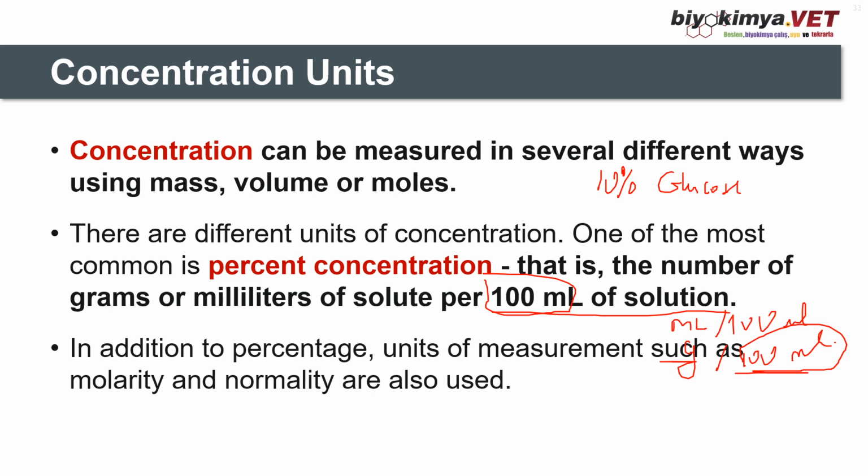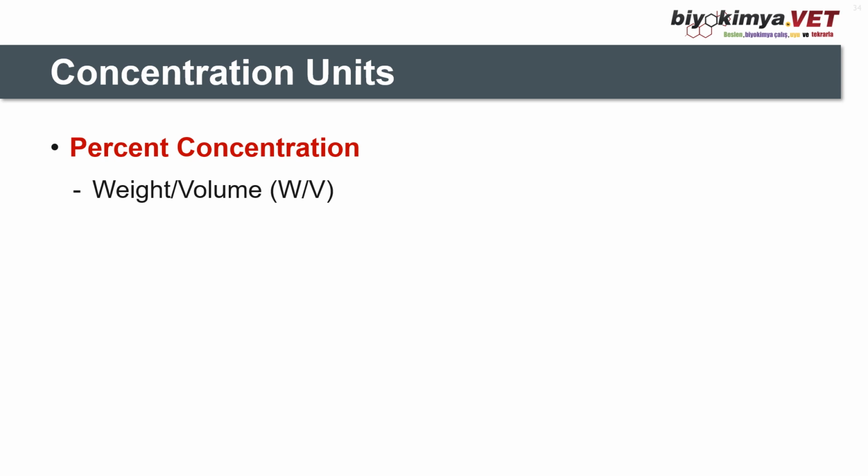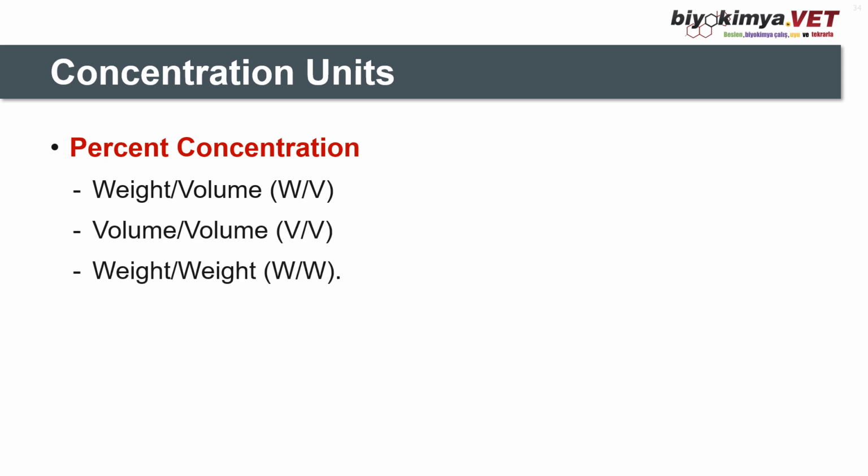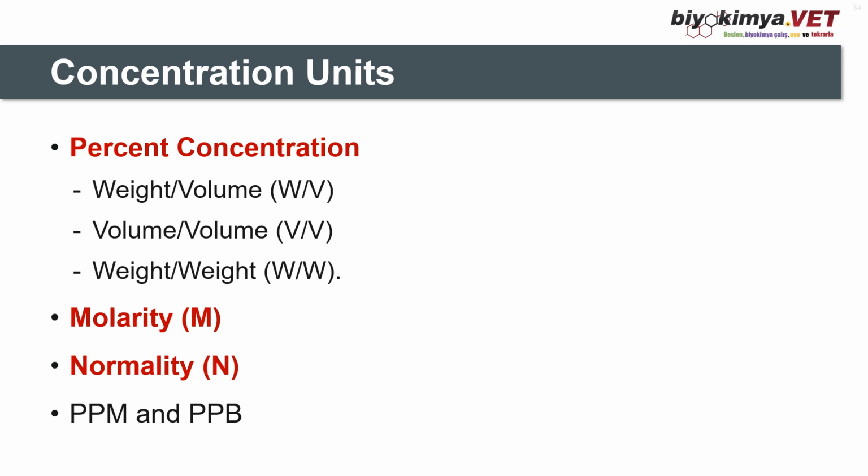In addition to percentage, units of measurement such as molarity and normality are also used. If we look briefly, what are the common concentration units we use? The percentage, of which there are three types of percent concentration: weight/weight, volume/volume, and weight/volume. And then molarity, normality, and PPM and PPB.